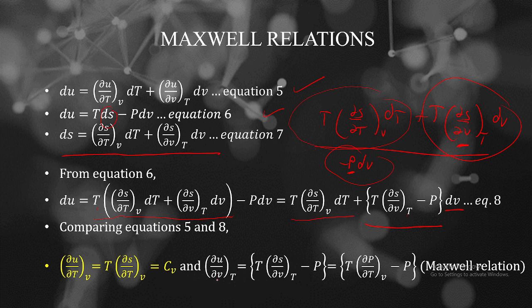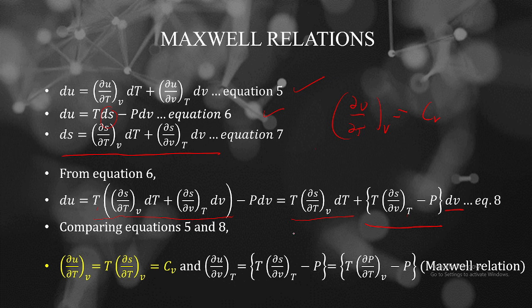Now remember, let me clean all of this because the screen is a bit messy. Remember that from equation 5, we said that (∂U/∂T) at constant V is Cv.